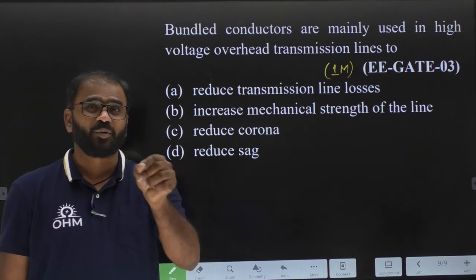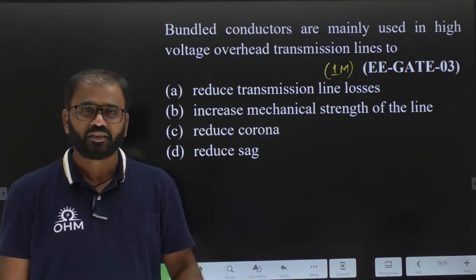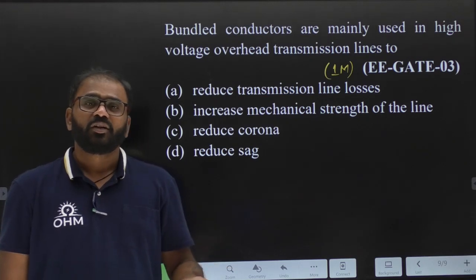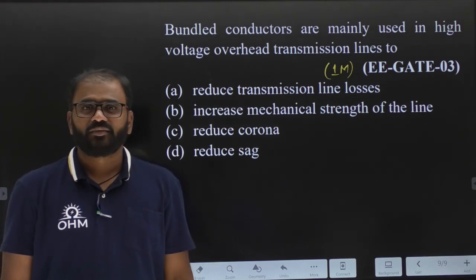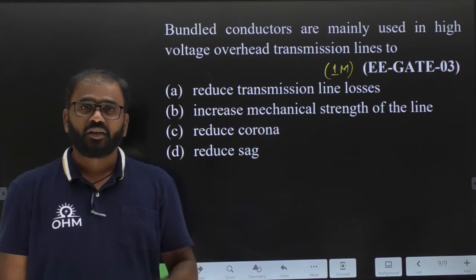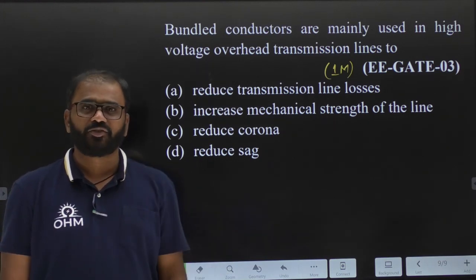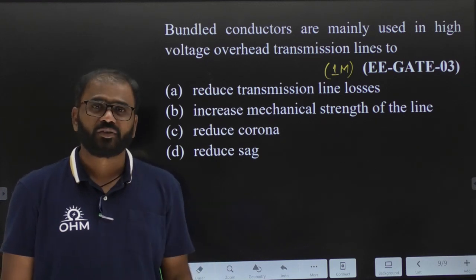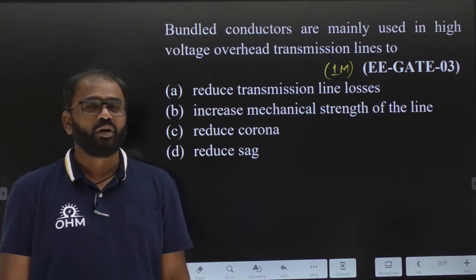So reduced reactive power consumption in the line, since reactance is decreasing, and impedance of the line decreases. That means reduced voltage drop in the line. Since reactance decreases, Pmax, the maximum power transfer capacity of the line, or the steady state stability limit of the line, will increase. So all these are the advantages of bundle conductors.